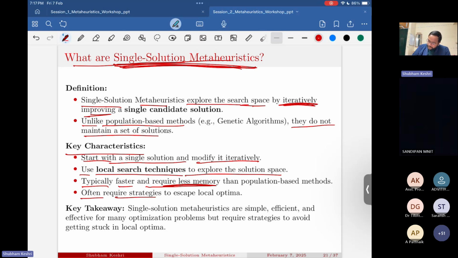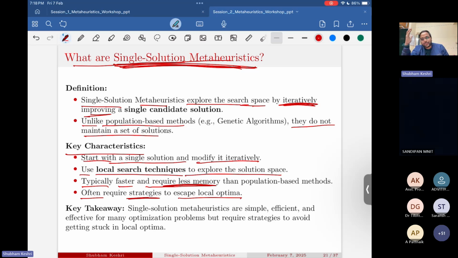Often requires a strategy to escape local optima. We were talking about how there are local optima and the search can get stuck in them. One strategy was to modify the landscape, but even after modifying the landscape, you may have multiple local optima. So there are other meta-heuristics, modifications of local search, which employ strategies to escape local optima. I will repeat again.